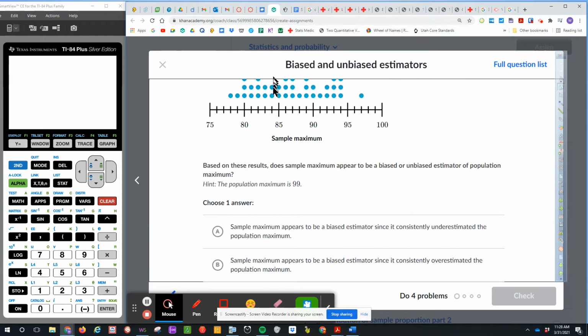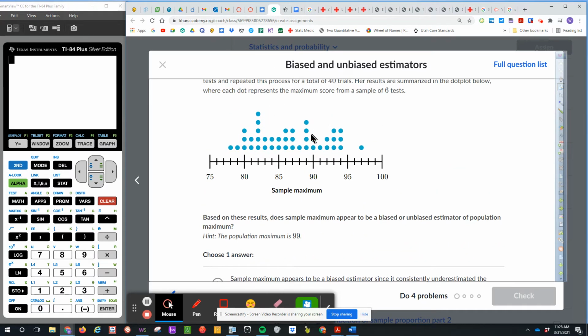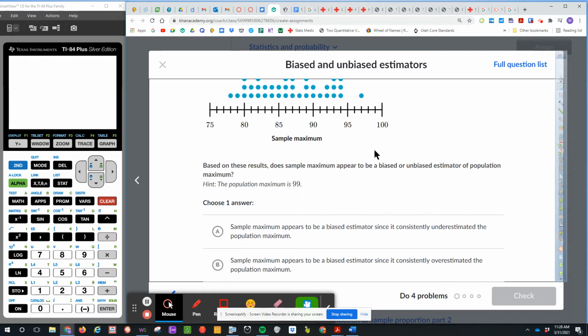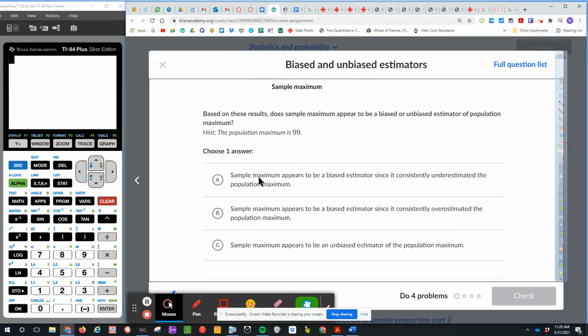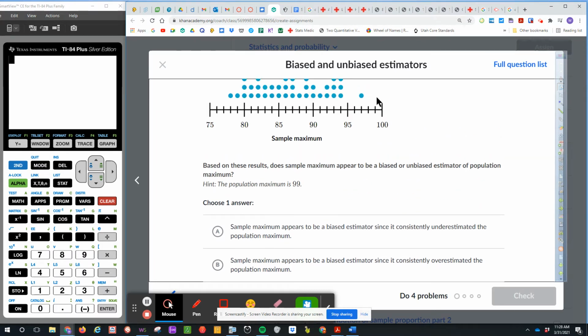But all the samples that we collected, their maximum did not even come close to 99. So the sample maximum appears to be biased. It's not even close to the actual population maximum, 99.